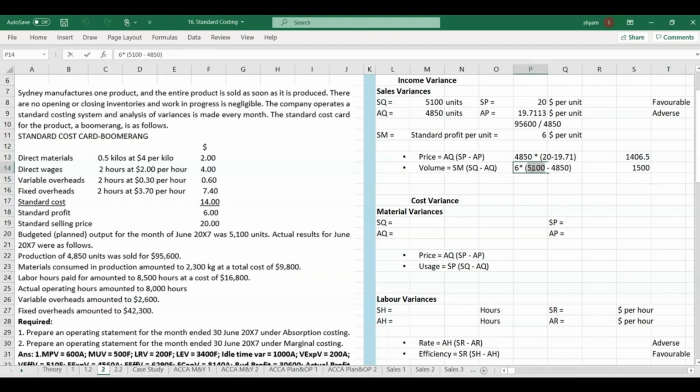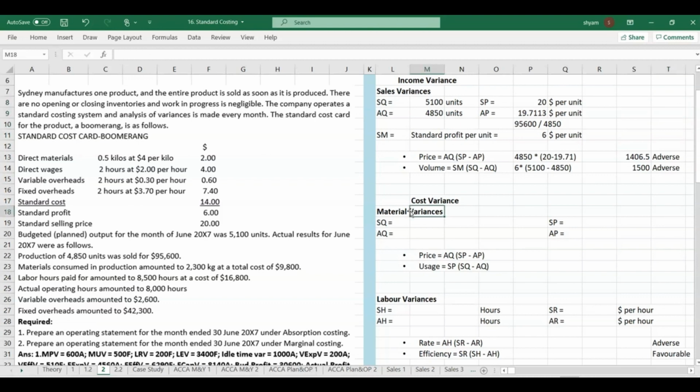They should have sold 5,100 but have sold only 4,850. So is it favorable or adverse? It is adverse. They should have sold a unit at 20 rupees but sold at a discounted price of 19.71. So both are adverse only, right?